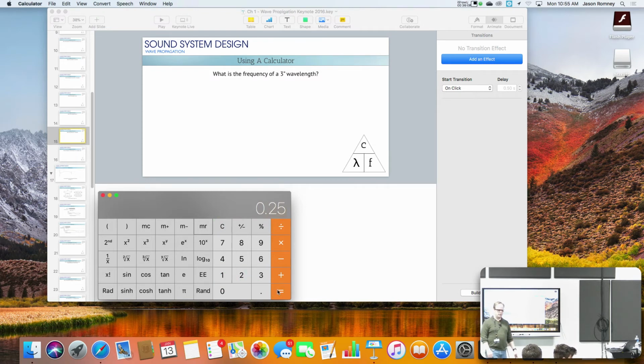So if I give you inches and you've got to get it to feet, just divide it by 12. Same process now. 1,130 feet per second divided by 0.25, and we get 4,520 hertz. We could also call that 4.52 kilohertz. Either way is acceptable.